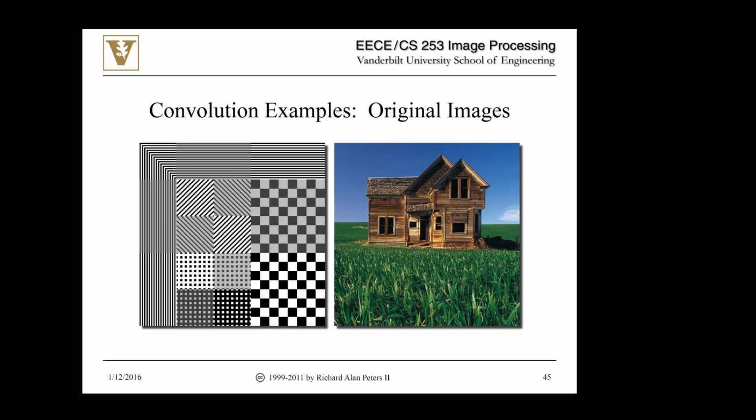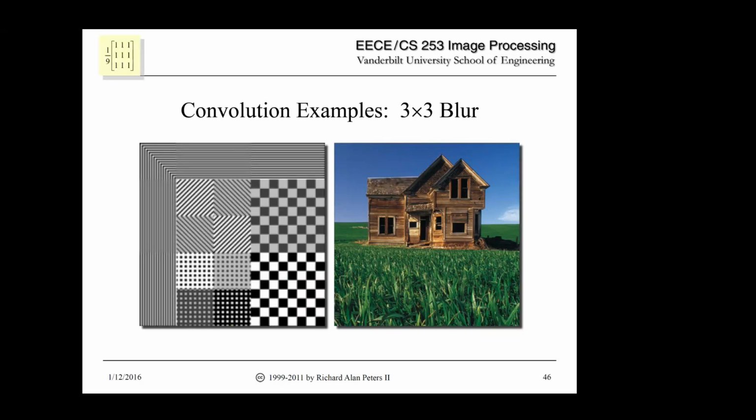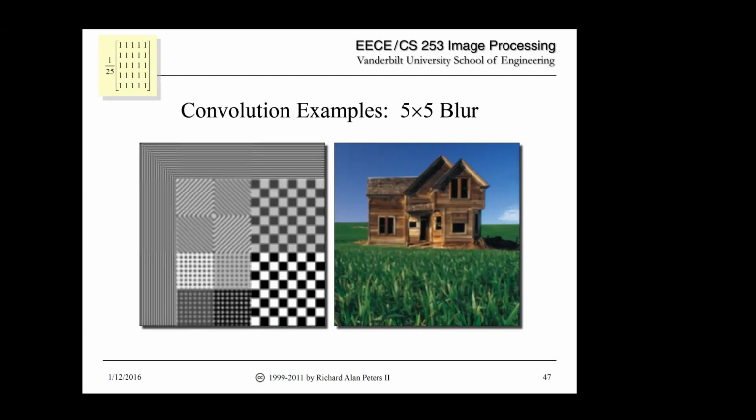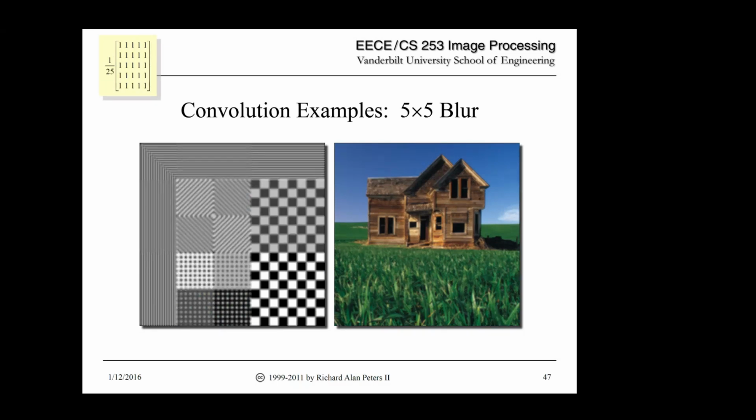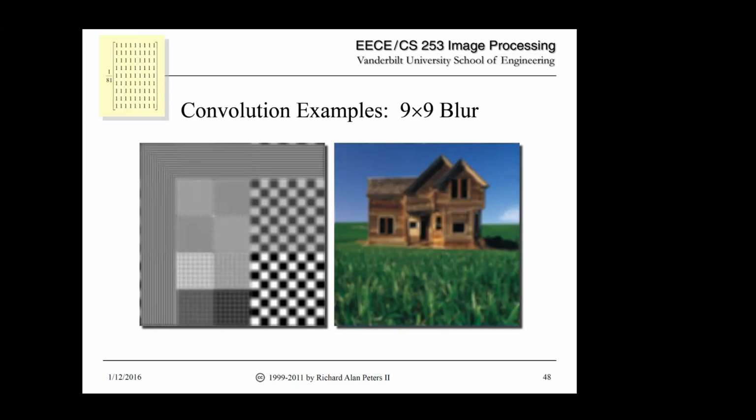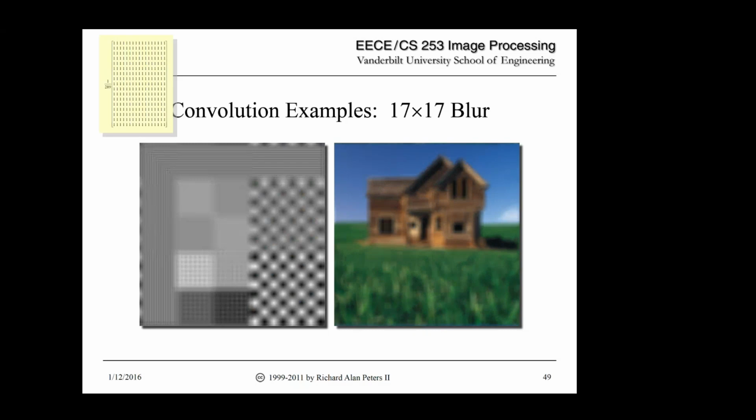So let's say that we have a couple of images like this, and we compute something. We are blurring, so we are using this kernel. We have these kernels with more blurring, even more blurring, a lot of blurring.